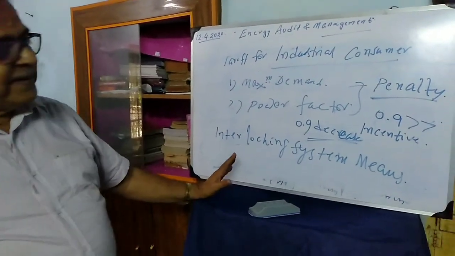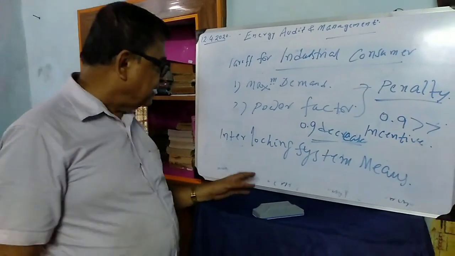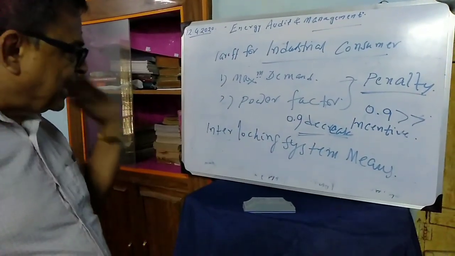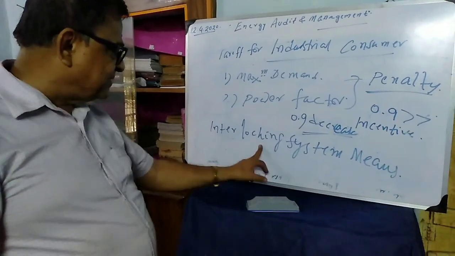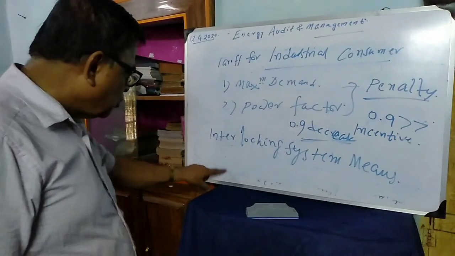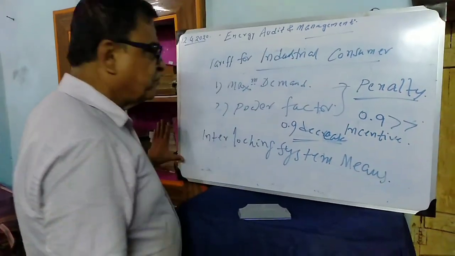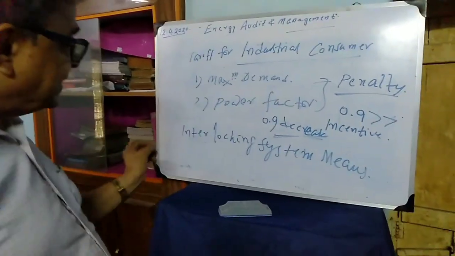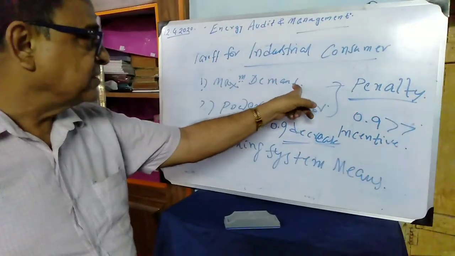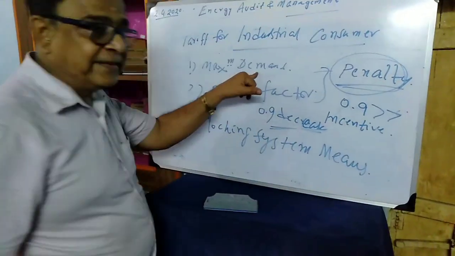Because if all the machines, pumps or conveyors start at a time, the maximum demand will be punishable and a penalty will be imposed. That's why the interlock system is there. When power comes again, the motors will start one by one in sequence as already fitted. So we have to consider this to reduce the maximum demand cost. If we control the penalty, the power cost will be less.